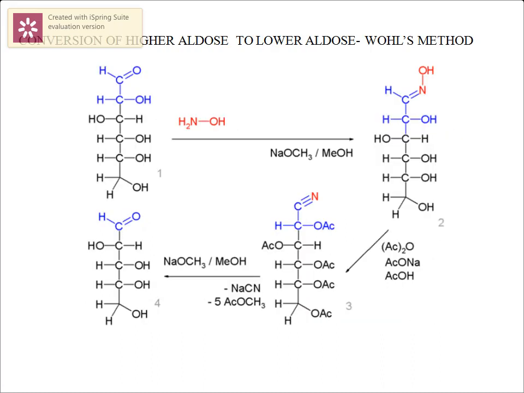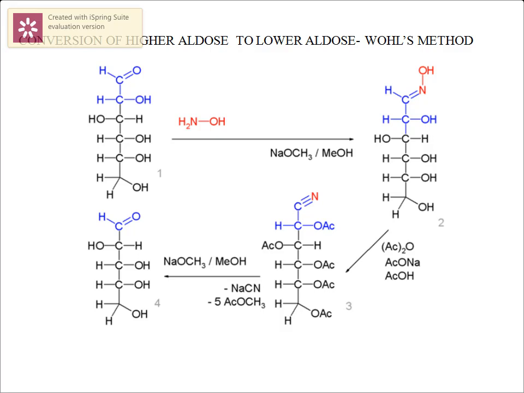So now we will study how we can convert a higher aldose to a lower aldose. How we can convert glucose to arabinose. The trick for converting a lower aldose to a higher aldose was to introduce a new cyano group and then convert it into a carboxylic group.